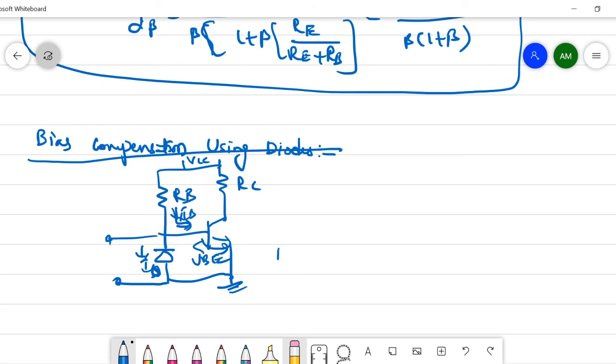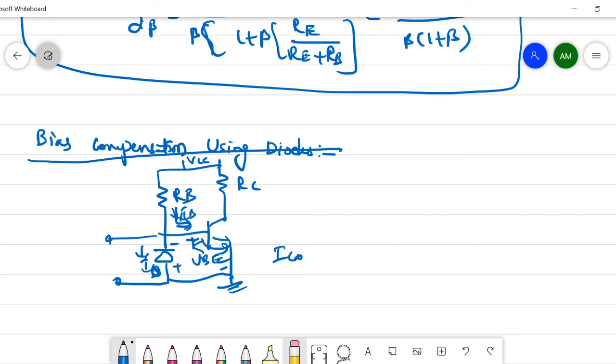The diode is of the same material as the transistor, and it is reverse biased by the base emitter junction voltage. VD is opposite to VBE.